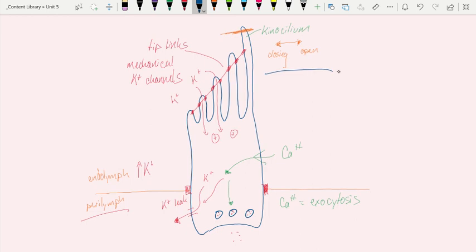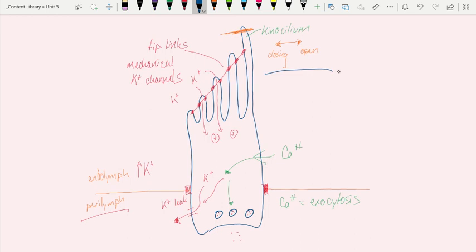And so through the corpora quadrigemina, specifically the inferior colliculi, this information is given to the inferior colliculi in the brain to cause that head movement to track toward the sound, and it knows where the sound is coming from because the right and the left ears are out of phase with each other in this process.